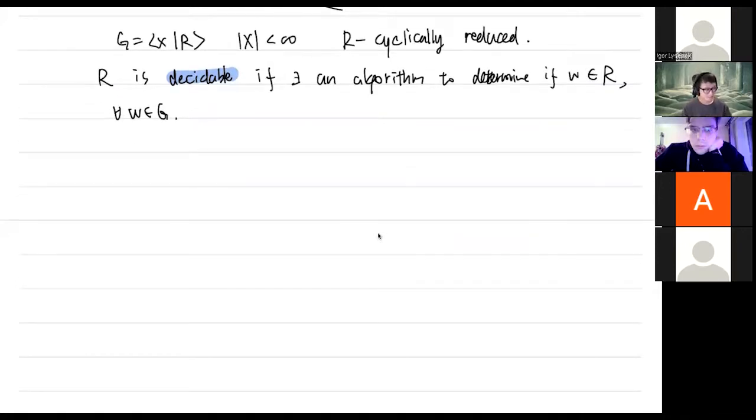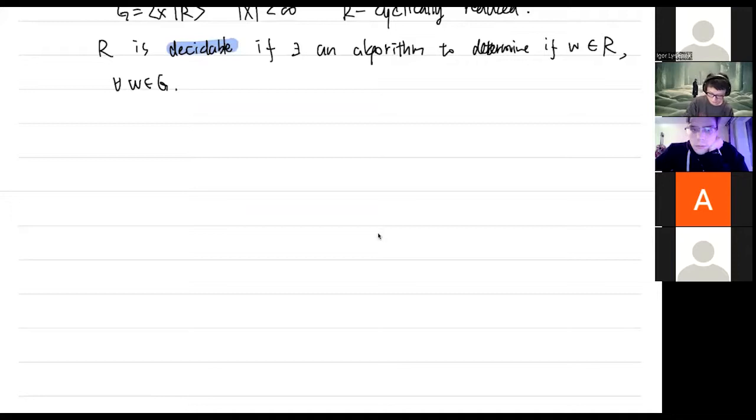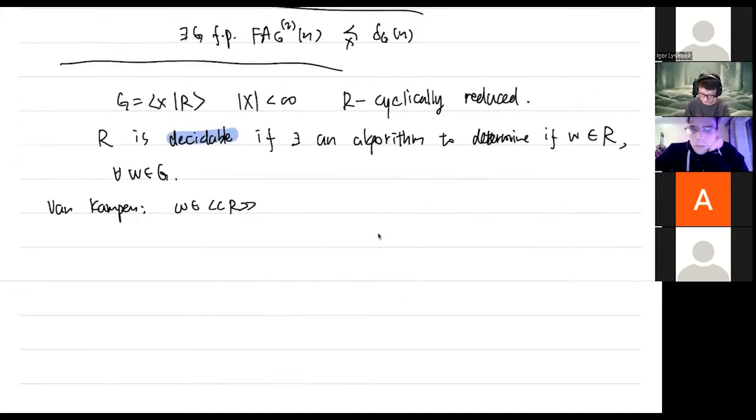Okay. So now we briefly recall the Van Kampen diagram. Hopefully you all know what a Van Kampen diagram is. It's a diagram that basically simulates the structure of the word in the K2 complex. We consider a word inside the normal closure of this relator set.